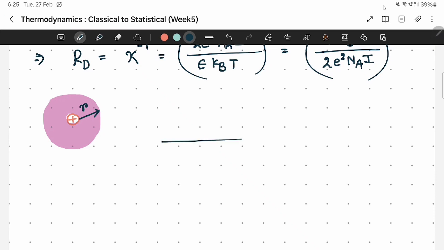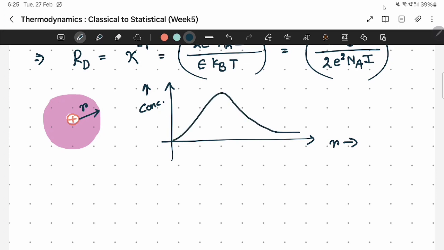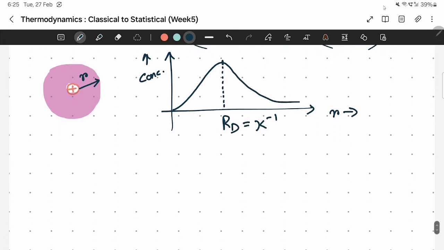If you plot the concentration of the negatively charged ion with the distance, then it passes through a maximum. Around that maximum, the density of the negatively charged ion is maximum. So that length is basically RD, the Debye screening length, and that equals kappa inverse. If you look at the detailed derivation, you can identify this.